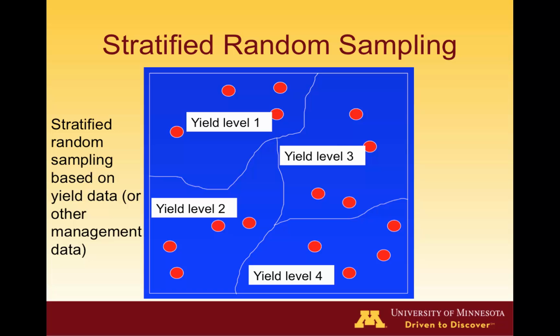By the previous year's yield, you can separate your field into several major sections, in each of which you have an approximate yield level measured. So in the end, you separate the field into these yield levels and design a sampling within each of the yield level areas.